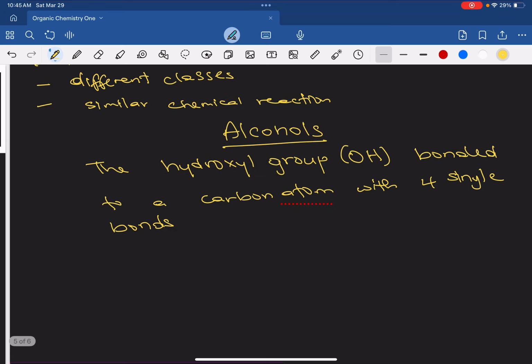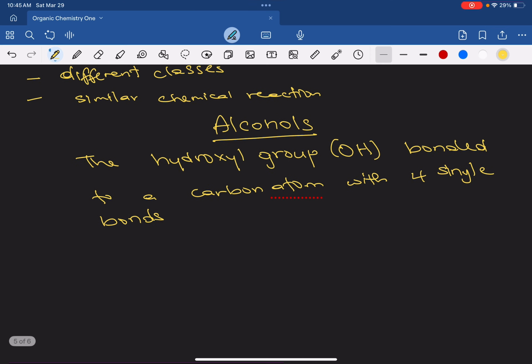So let's look at an example of what an alcohol will look like. So here's your carbon, right? It's bonded to your hydroxyl group. This carbon needs to have four single bonds. That's one, two, three, four. There's a reason for that, because if it has a double bond, it becomes a different functional group. Now, on these single bonds, you can have hydrogens or you can have carbons.